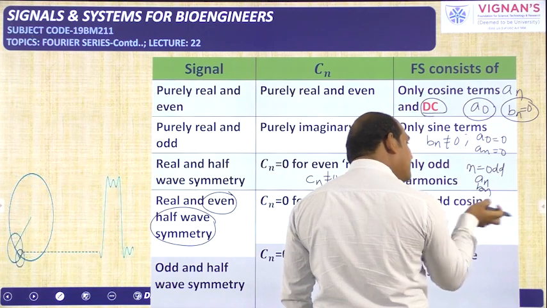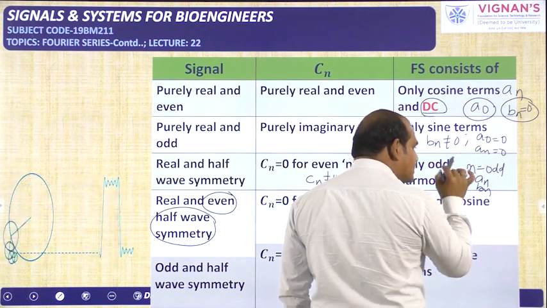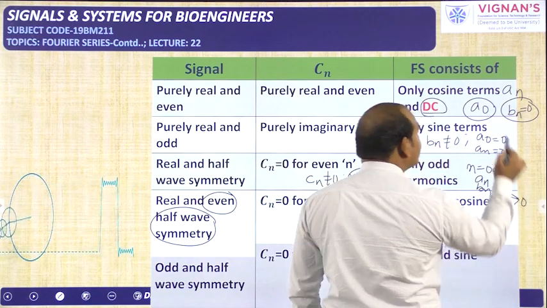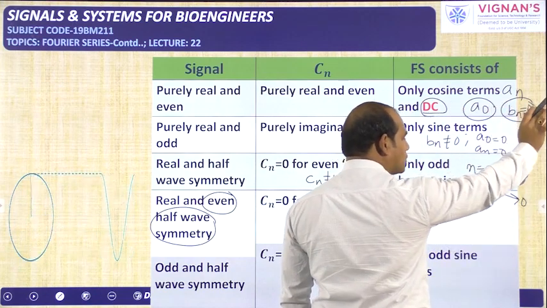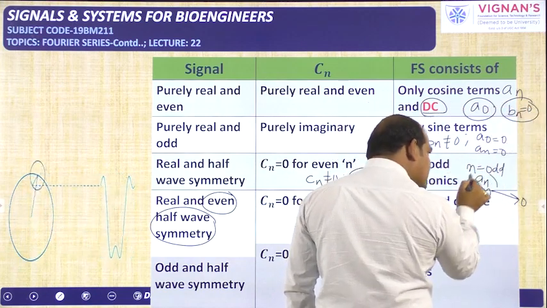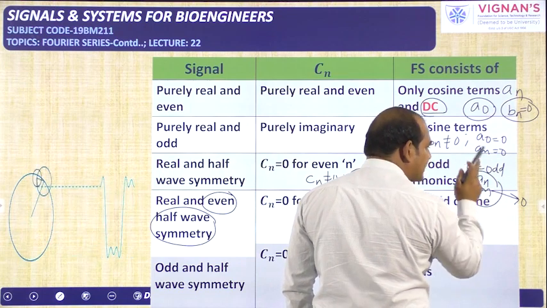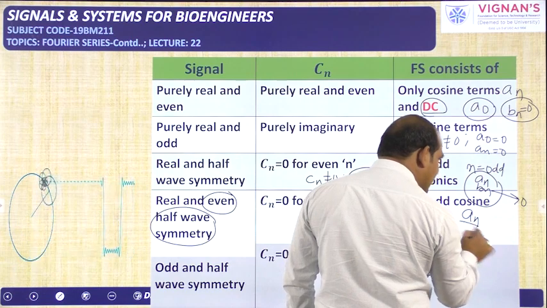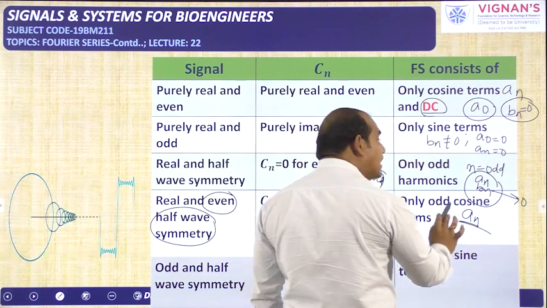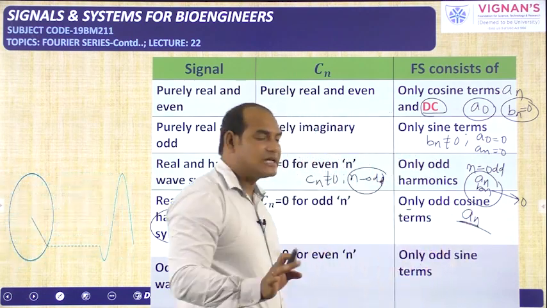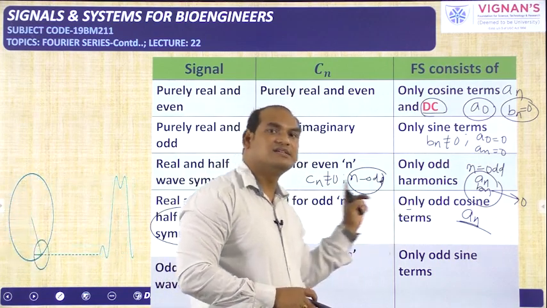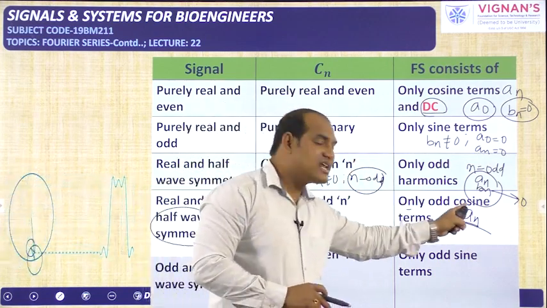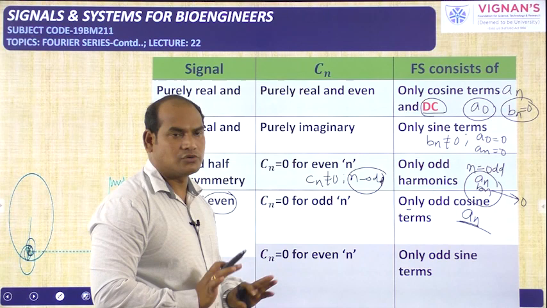But if it is even, Bn should be equal to 0. So in addition to this condition, we have to include the conditions of the even signal also. At that time, you will have only An. That means only odd cosine terms. Why odd? Because it is half wave symmetry. Why cosine terms? Because it is even. Like that you have to think.